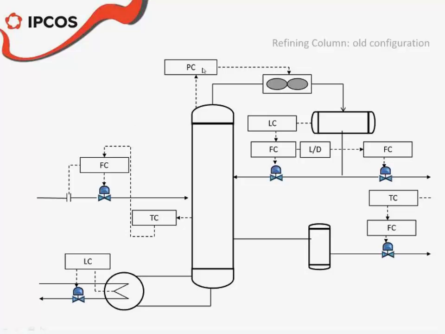Well, pressure control with the fin fan coolers, level control with the reflux, a reflux ratio controller acting on the top product, a draw flow controlled by a temperature in a downstream column, temperature of the draw tray controlled by the feed to the column, and finally the reboiler flow controlled just by condensate outlet.